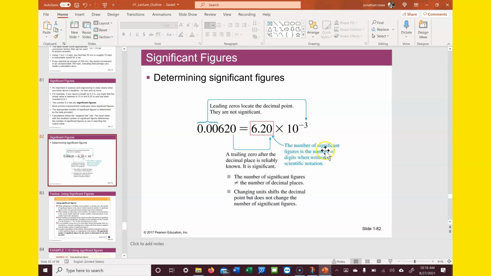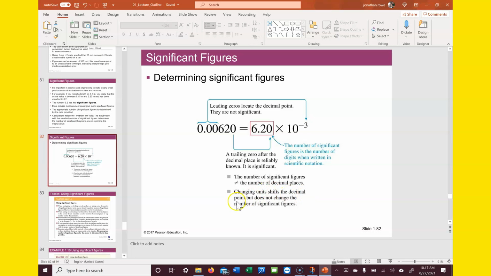The number of significant figures is the number of digits when written in scientific notation. So if you write this in scientific notation, you put the decimal point after the first significant figure, so you put it here: 6.20 times 10 to the negative third. A trailing 0 after the decimal place is reliably known. It is significant. The number of significant figures does not equal the number of decimal places.